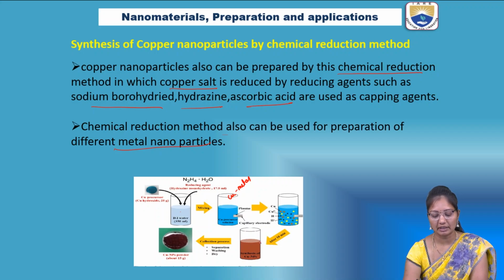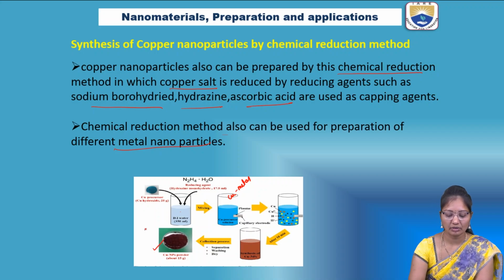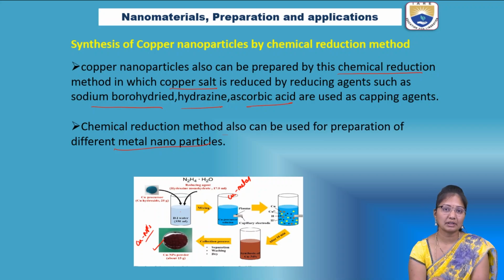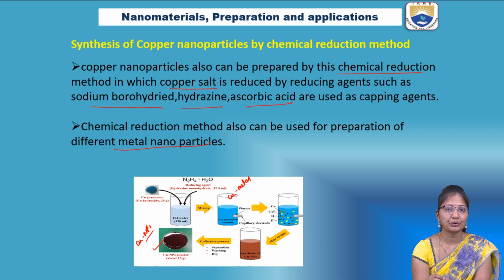Then after 10 minutes, the copper nanoparticles are obtained here. Then again centrifugation, separating or washing, and then drying. Finally, the resultant is copper NPs, means copper nanoparticles are obtained from this procedure. This is called the chemical reduction method. By using this method, we are going to prepare the copper nanoparticles.